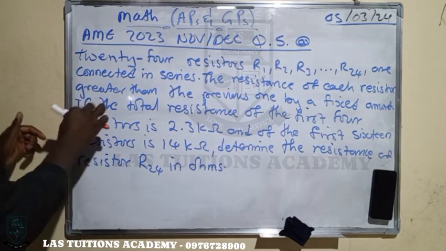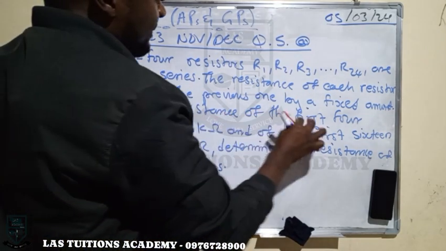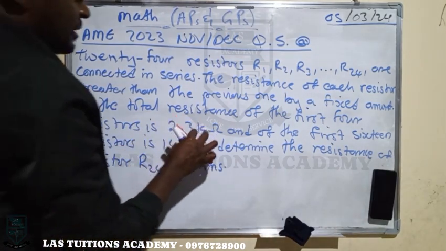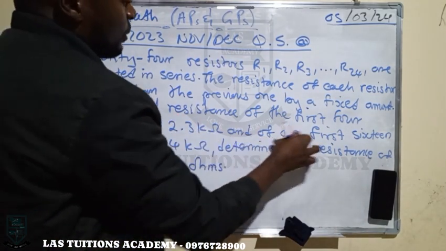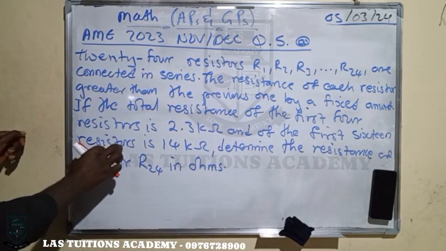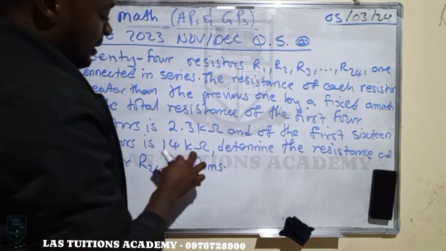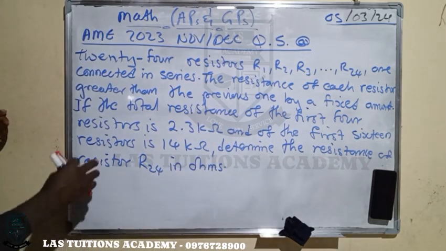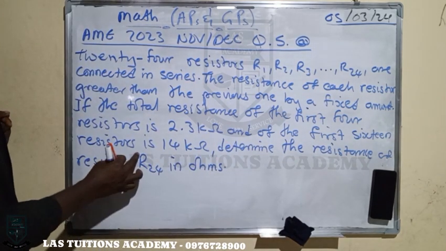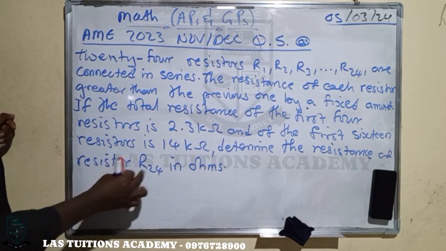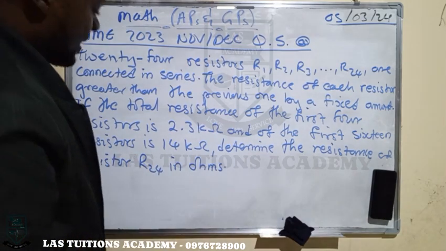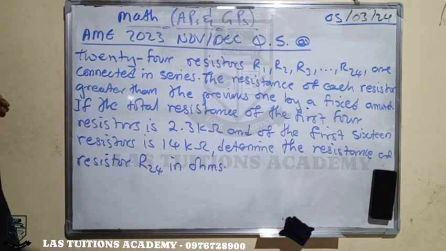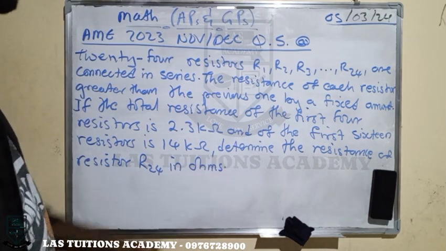Okay, if the total resistance of the first 4 resistors is 2.3 kilo ohms, and of the first 16 resistors is 14 kilo ohms, then determine the resistance of resistor R24, meaning the 24th resistor. So determine the resistance of resistor R24 in ohms.